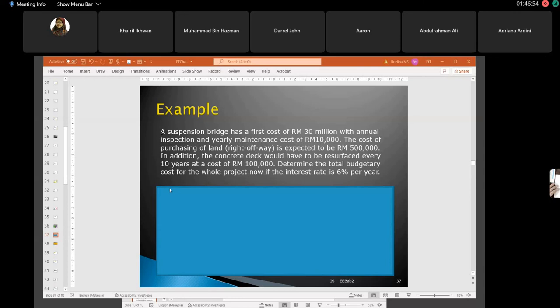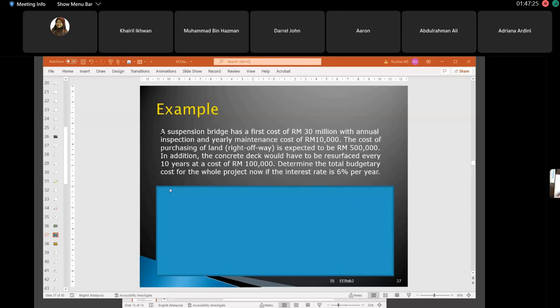In addition, the concrete deck would have to be resurfaced every 10 years at the cost. So there is another 10 years: you need to pay for the resurfacing activity with the cost of 100,000 every 10 years. So for example, 100,000.